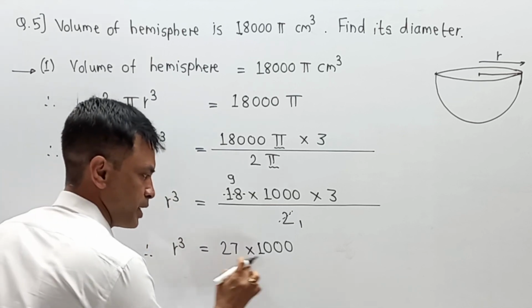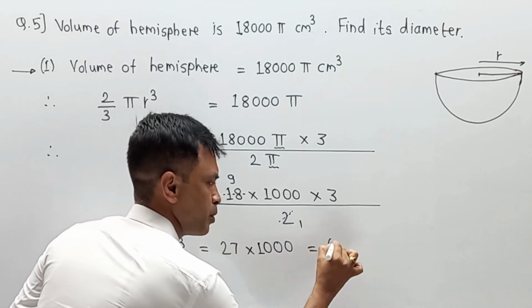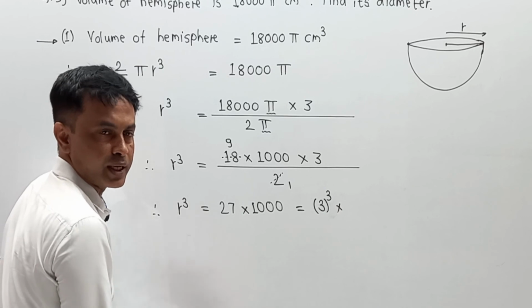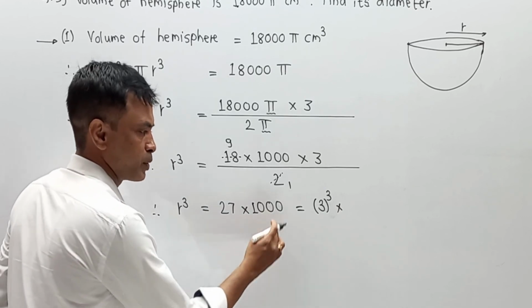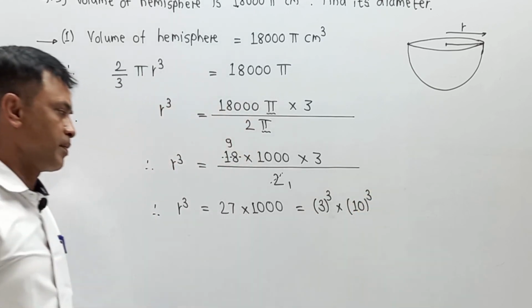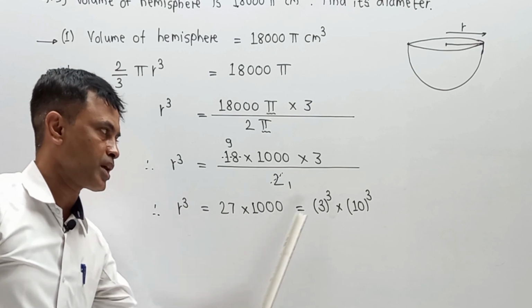Now 27 and 1000, they are nothing but cubes. 27 is a cube of 3 and 1000 means 10 into 10, 100, and 100 into 10 means 1000, so it becomes 10 cube.